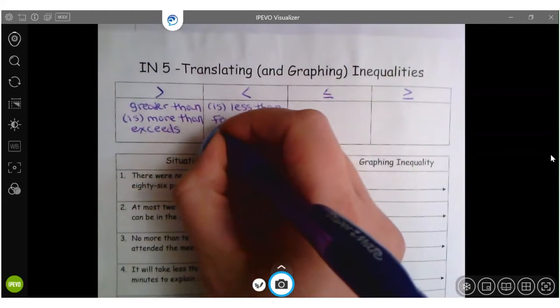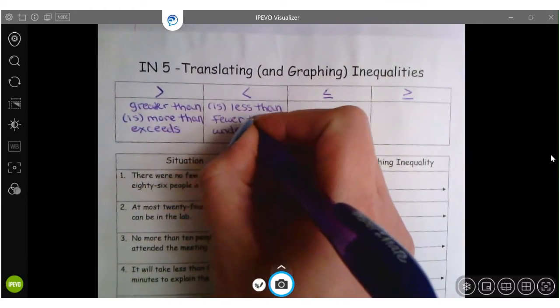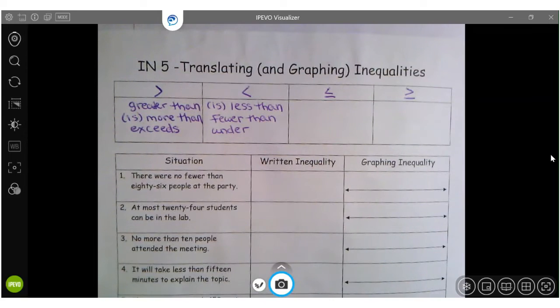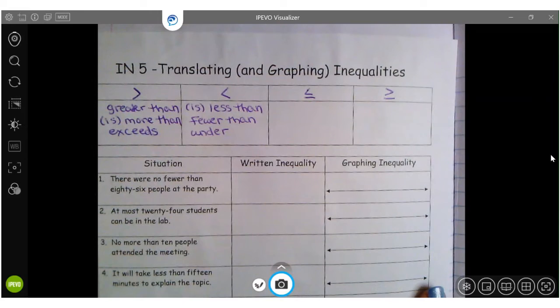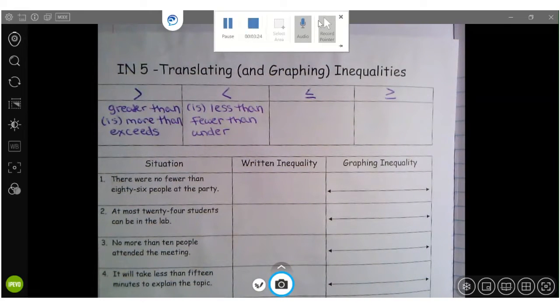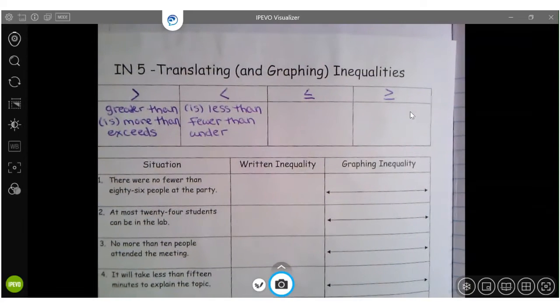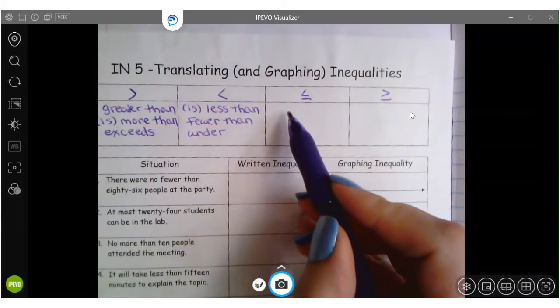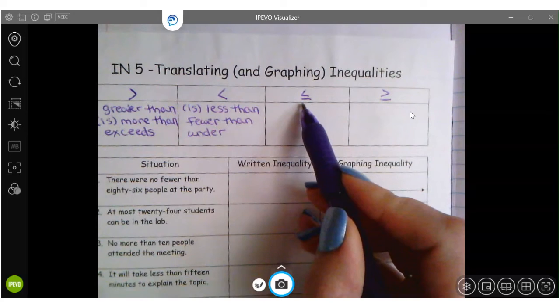Or under. Like under a certain number of people can attend, or you have to go under the speed limit or something like that. Under a number.